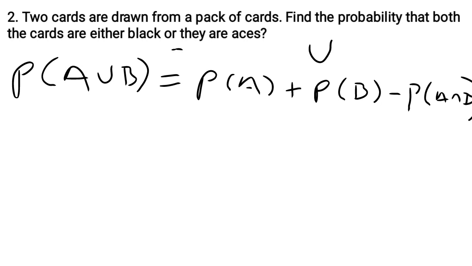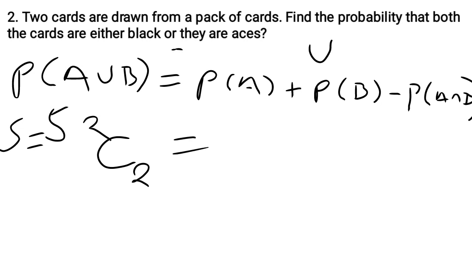We know that in a pack of cards there are 52 cards, and the question says that 2 cards are drawn. So to find the sample space S, we say 52 combine 2, and therefore the sample space is 1326.